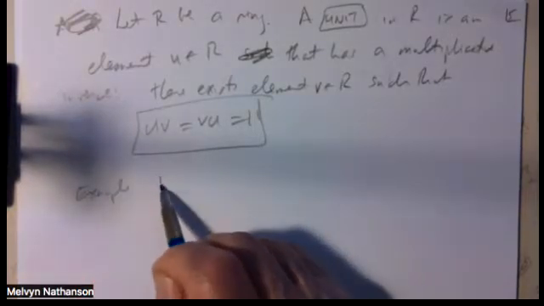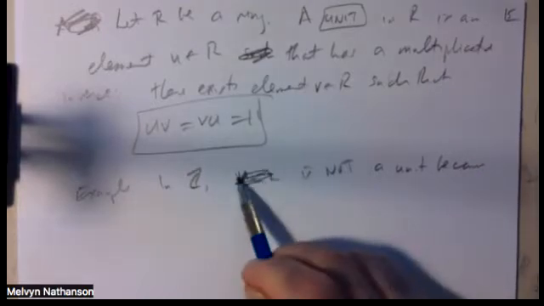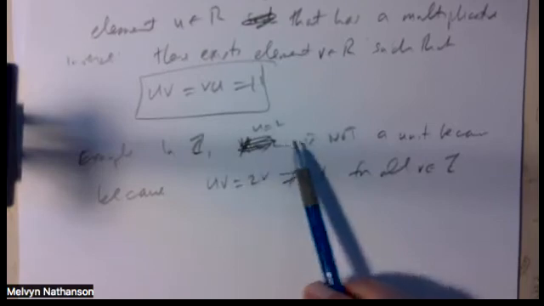Right? So it has an inverse. So for example, in the integers, U equal to 2 is not a unit, because U times V, or 2V, is not equal to 1 for all integers V. So the number 2 is not a unit in the ring of integers because there's nothing you can multiply by 2 that gives you 1.